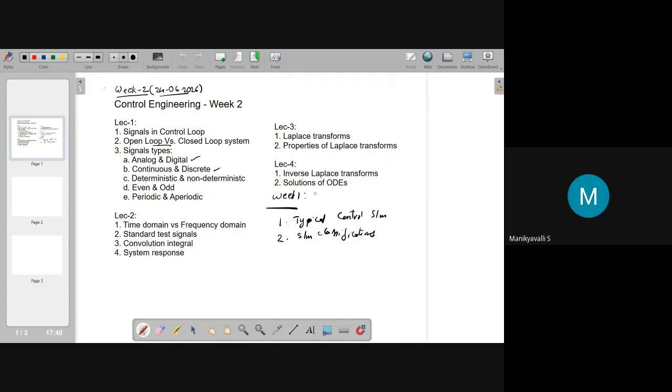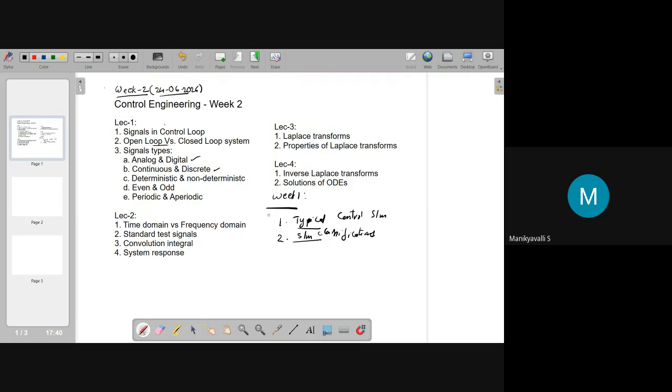This is the course content. In the week one, you learned about typical control systems and how they look, and then you saw the different classifications of systems, like linear, non-linear, time variant and time invariant, causal and non-causal, and so on.